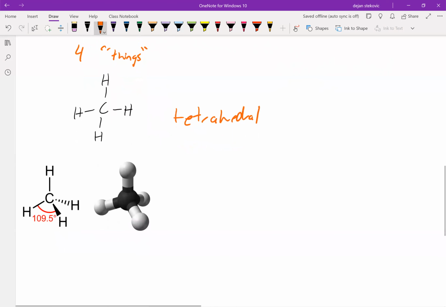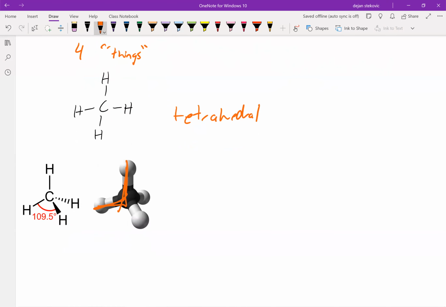So I've got an image of a tetrahedral. What you can see is you can think about these two as being in the plane of the board, and then this one goes into the back of the board, and this one is jutting outside of the board. So that's how we draw that. These dashes mean that they're going into the back of the board.